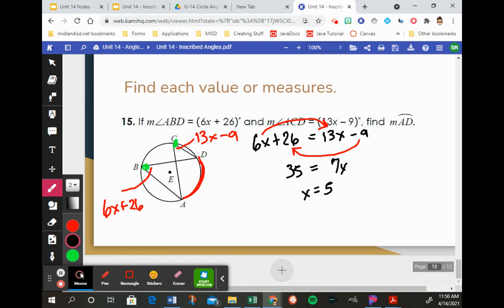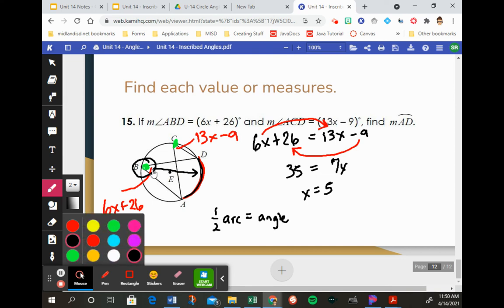So now this arc, remember it's 1/2 the arc equal to the angle. Well, I've got the angle. This is the angle pointing at the arc. B is 6x plus 26.